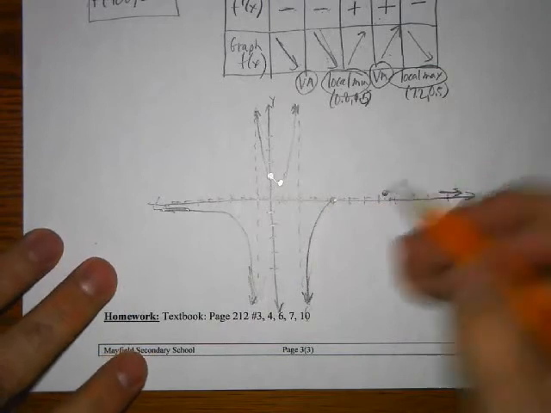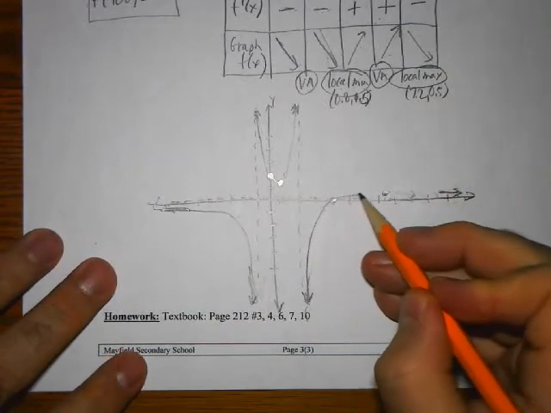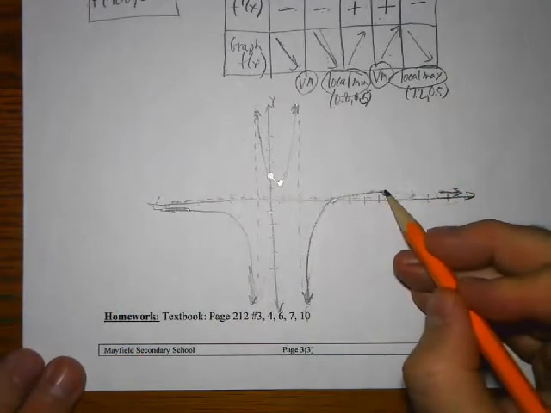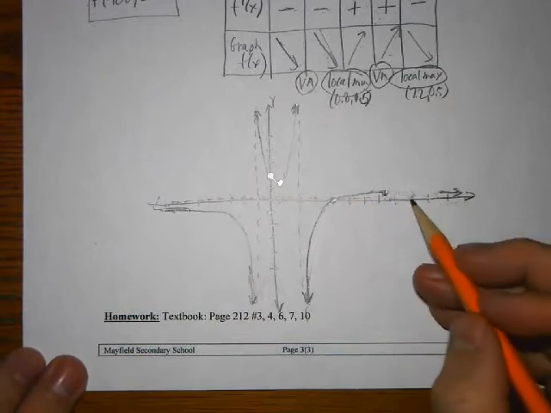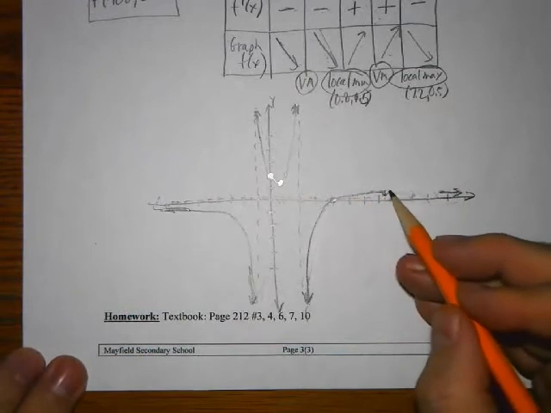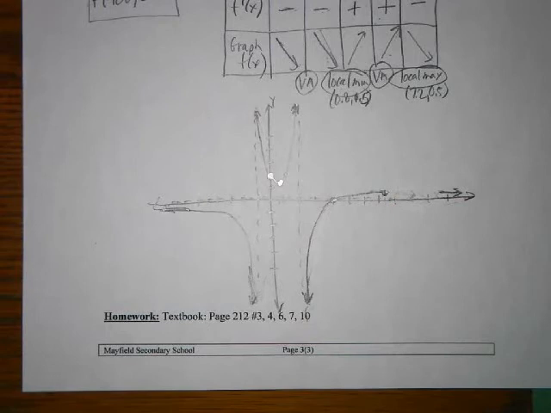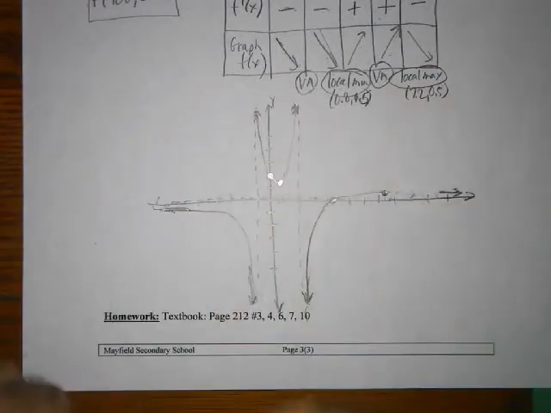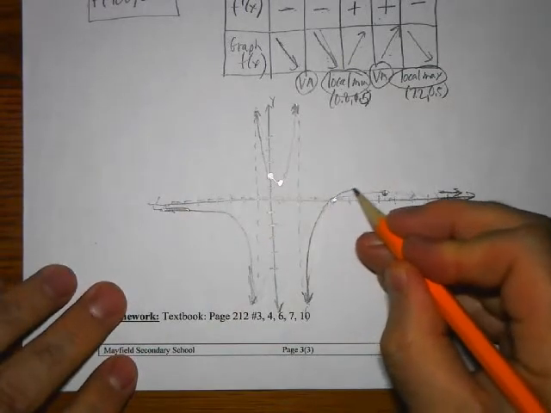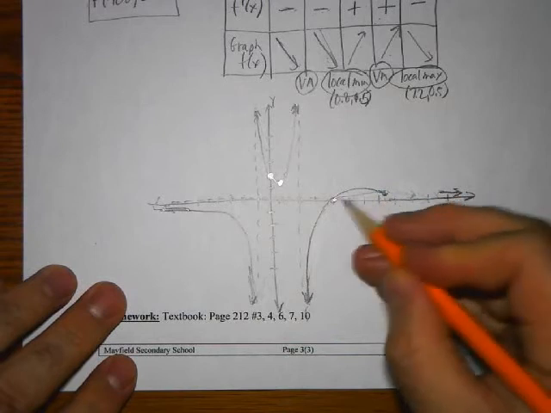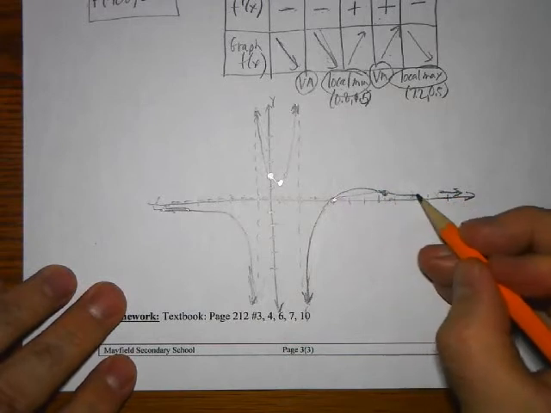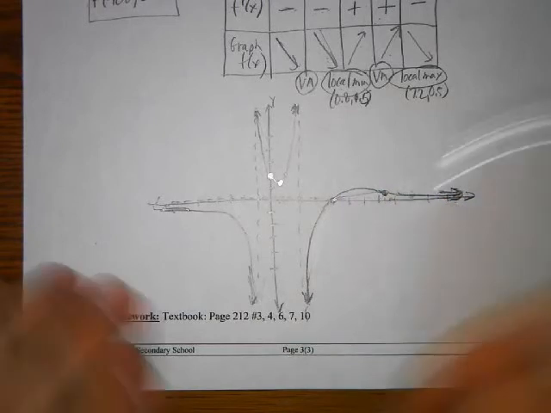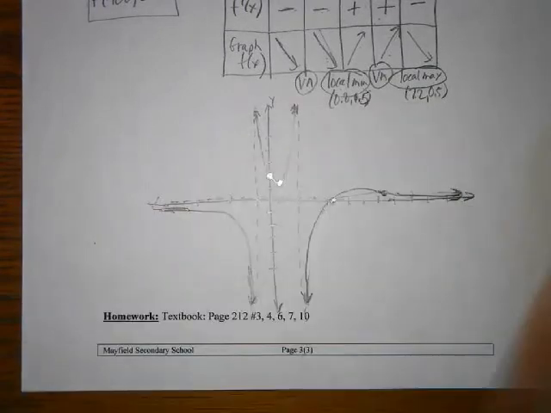So it turns and it goes up to there, and then it comes back down. Actually, no, that's not quite right. The point of inflection. So it goes up, and this is where it inflects from concave up to concave down, and then flattens out towards the horizontal asymptote. So this is one of those strange graphs.